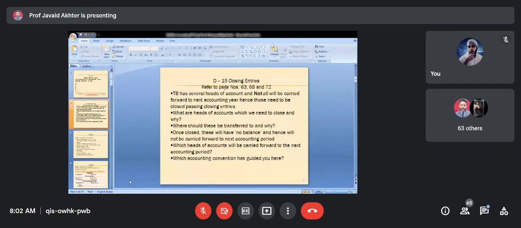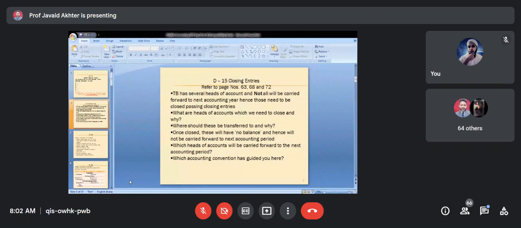It was about the closing entries. Just to connect with what we have discussed in the past, recall that we started with recording the business transactions in the journal. Then we prepared the ledger and a trial balance was prepared.